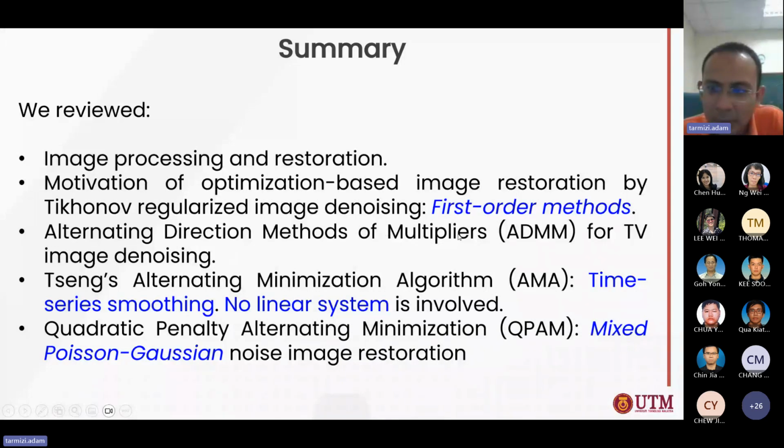Then we discussed a little bit about ADMM for TV image denoising, and then the AMA algorithm, and we gave the example of time series smoothing. One of the advantages is that you can bypass the linear system. And finally, as an example for the mixed Poisson-Gaussian noise, we reviewed the QPAM algorithm.